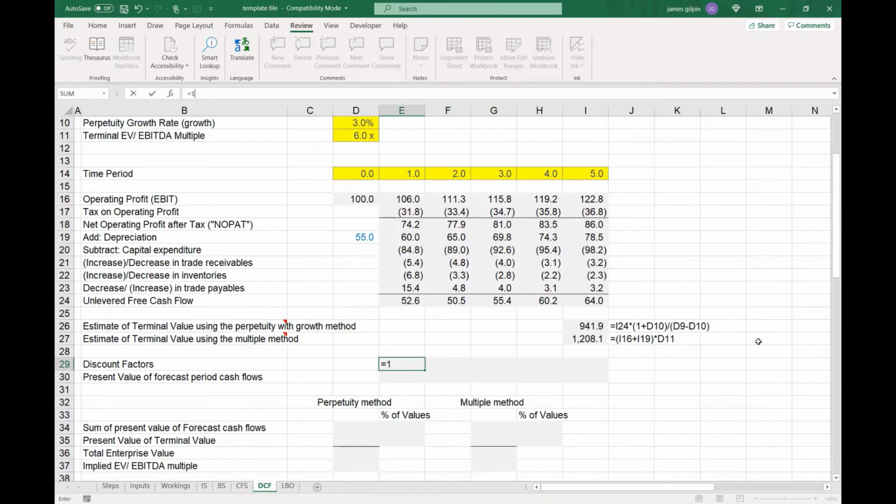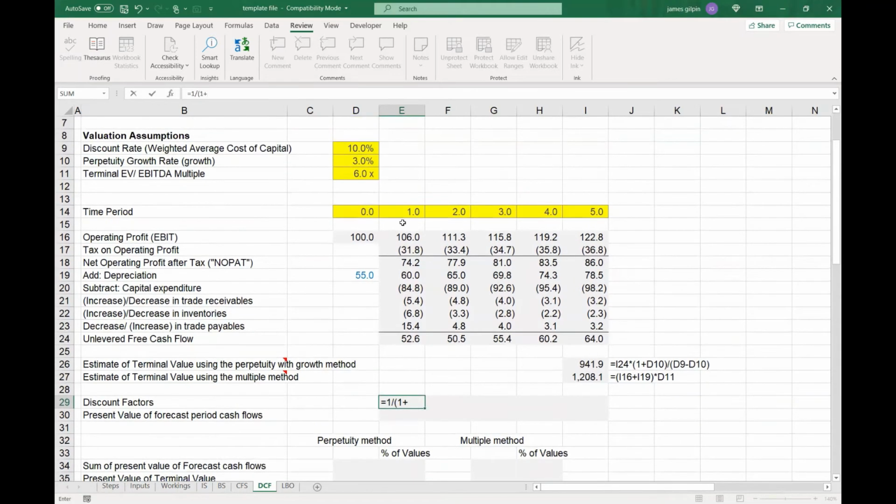So my discount factor formulas are given by the formula 1 divided by 1 plus the discount rate, which I've got in D10, close brackets, and then to the power of the time period, reflecting how far away we are. So that is a standard formula for a discount factor, and we're going to copy that across.